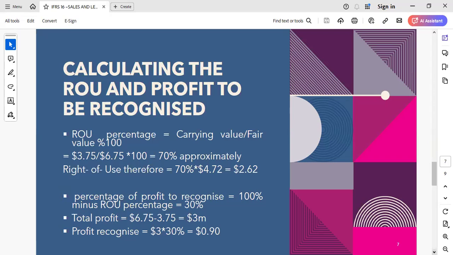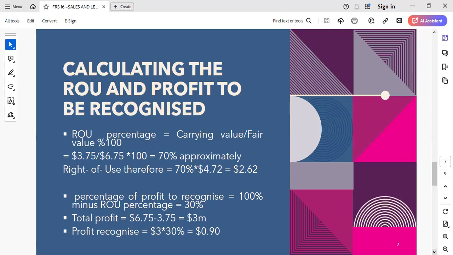Then we said if a transfer qualifies as a sale, the first thing that you do is derecognize the asset, then you recognize a lease liability by recognizing the right of use of the asset, then calculating the present value of the lease.